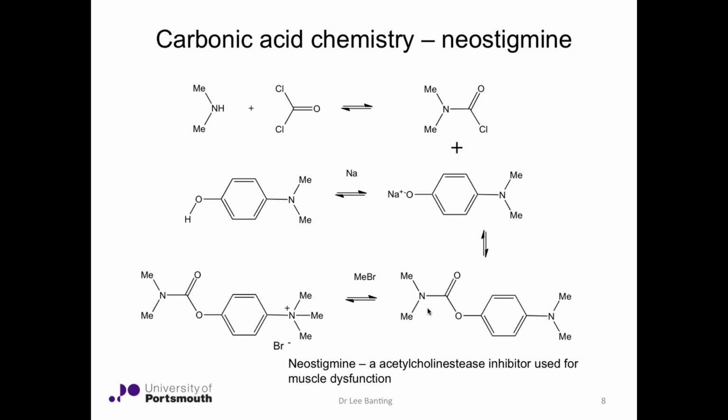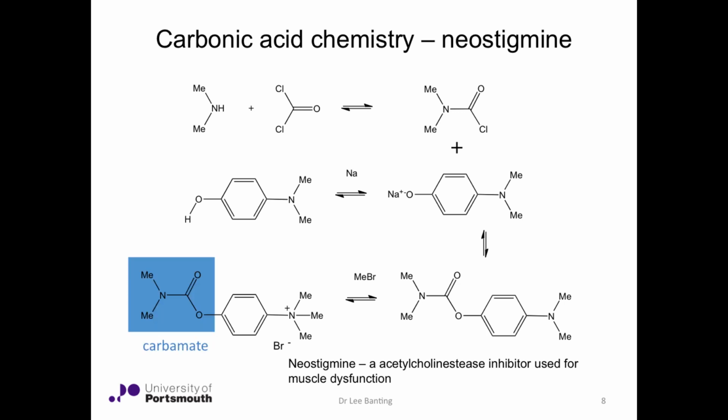Now this is not terribly nucleophilic because it's tied up in conjugation with this carbonyl fairly strongly. Whereas this nitrogen, even though we mentioned it's not particularly nucleophilic here, we change the reaction conditions to force it to react with an electrophilic alkylating agent, and we end up with a quaternary ammonium bromide, which is neostigmine, and that's our active drug.